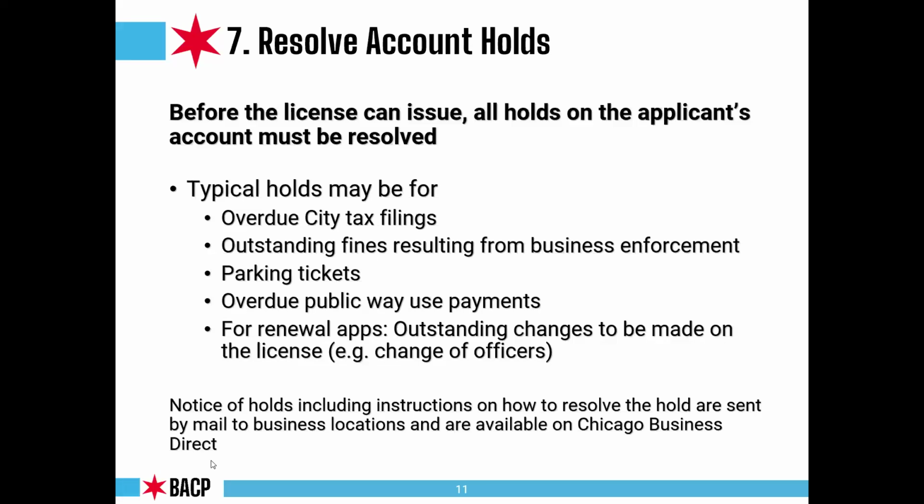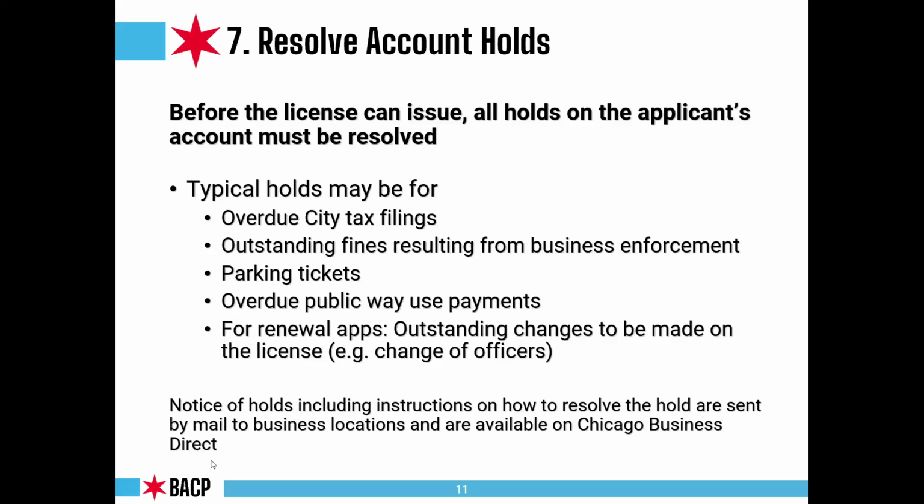And so you definitely want to check with the Department of Finance to ensure that there are no outstanding liabilities under your name, because again, if you need to go through a debt check and you fail, this could prolong license issuance. And if you do have outstanding balances with the city, just know that there are options to be put on a payment plan.